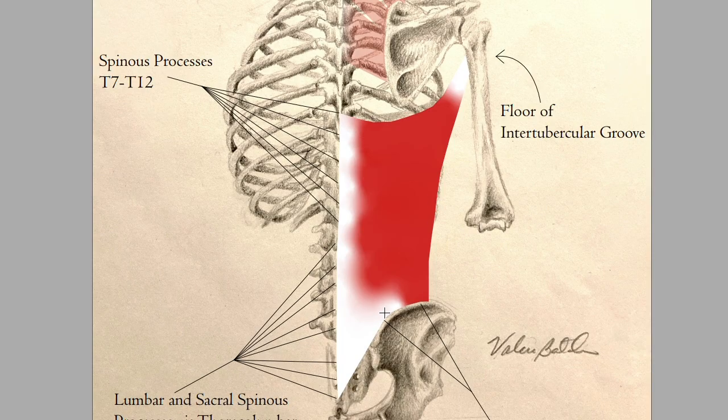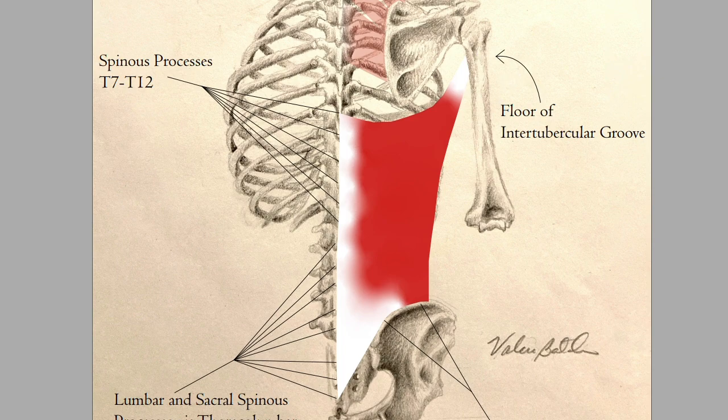Okay, so you see all this white over here. That's going to be the part that's going to contribute to the formation of the thoracolumbar fascia. Okay, and the rest of this is all going to be muscle fibers, and they're going to run up to attach onto the intertubercular groove of the humerus. So based on that attachment site, you can see how the latissimus dorsi is in a perfect position to cause adduction of the humerus.